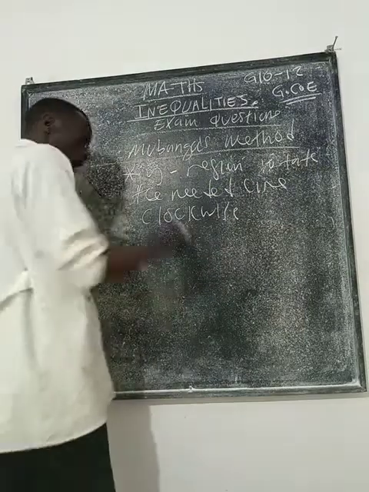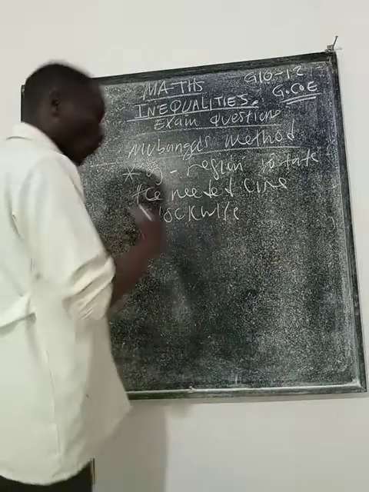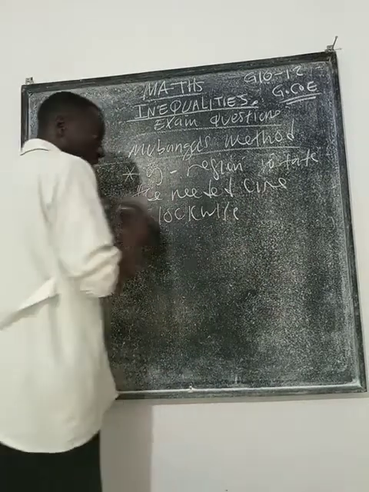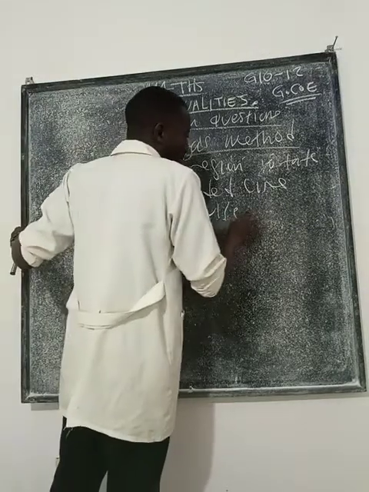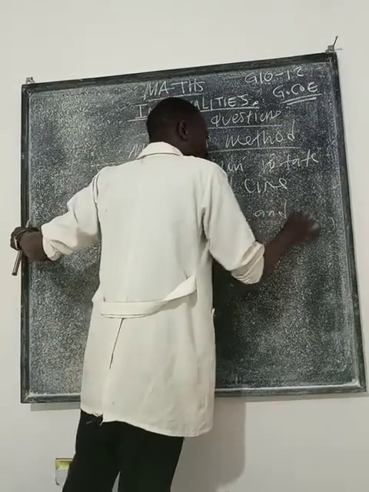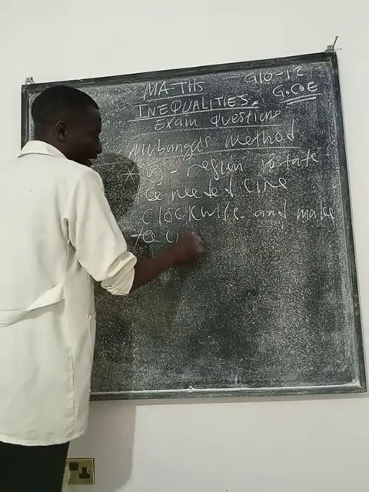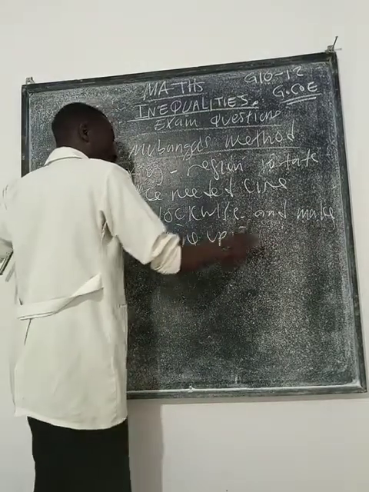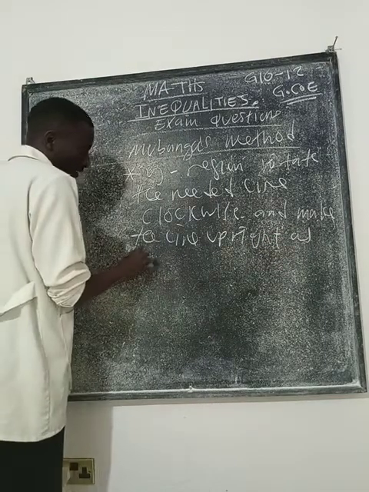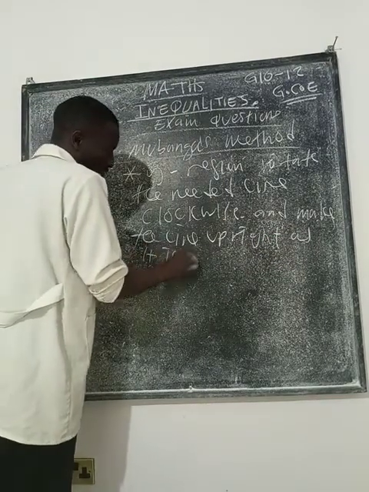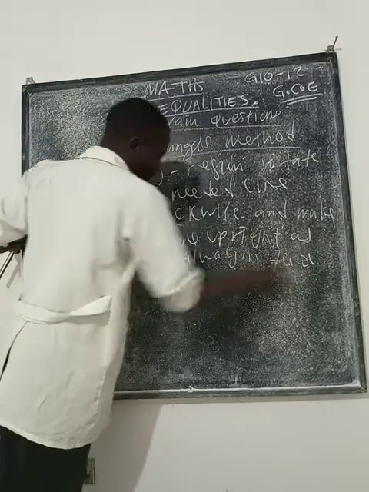So you can't say anticlockwise, it can't work out. So it is always what? Clockwise. Always clockwise. And make the line upright as it is always in the X region.